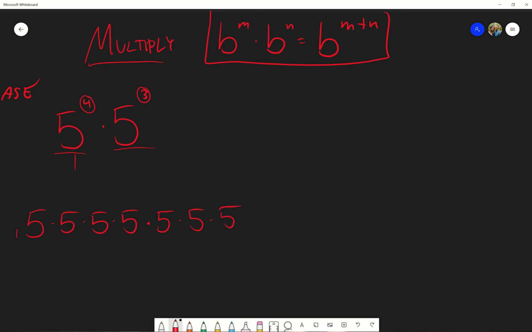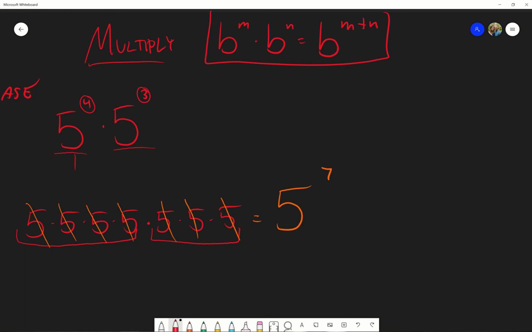Right? I have 4 5s here, times 3 5s here. But since this is just repeated multiplication, and I have a lot of 5s, I have 1, 2, 3, 4, 5, 6, 7 5s. This would end up being 5 to the power of 7.